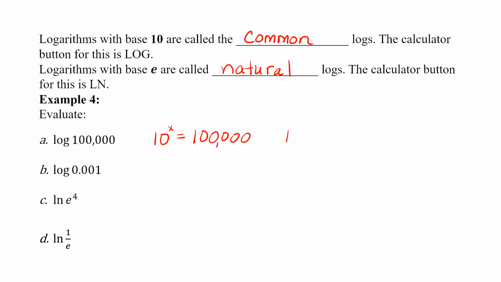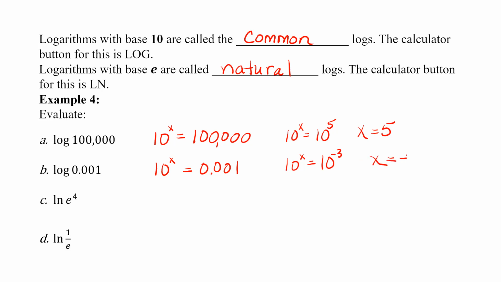And so we would have 10 to the x equals 10 to the fifth, and therefore x must be 5. Log of 0.001: when you have a log with no base, that means 10 to the what power is going to give me 0.001? Well, 0.001 can be written as 10 to the negative 3, and so x must be negative 3.